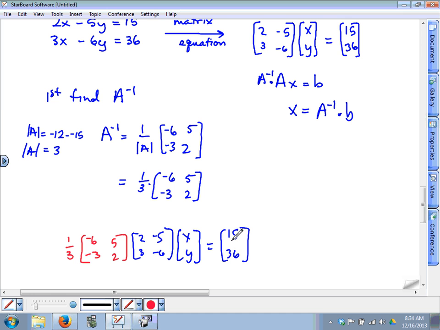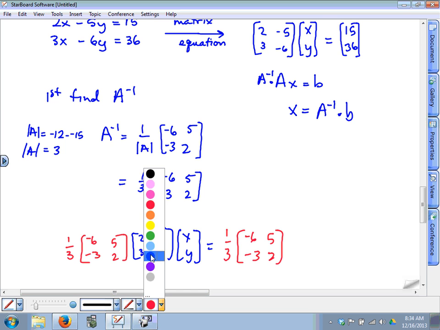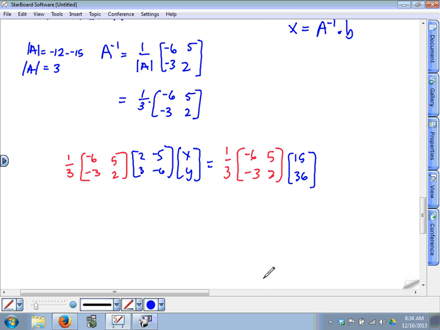And you have to keep the order the same. You cannot multiply it on the right side. So this is going to be 1/3 times negative 6, negative 3, 5, 2, and then you multiply it by 15 and 36.